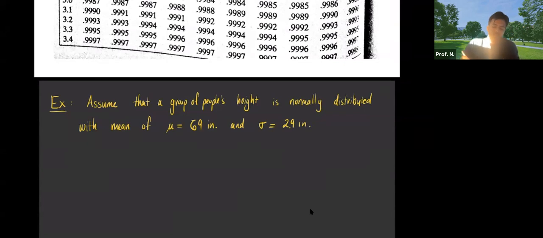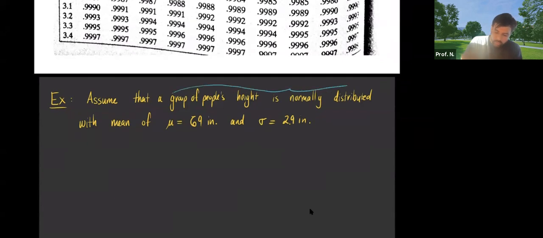So we're assuming that the group's height is normally distributed. The moment you see this, this is going to be your normal random variable. I'm going to call it X. X is going to represent a group of people's height, which is normally distributed.